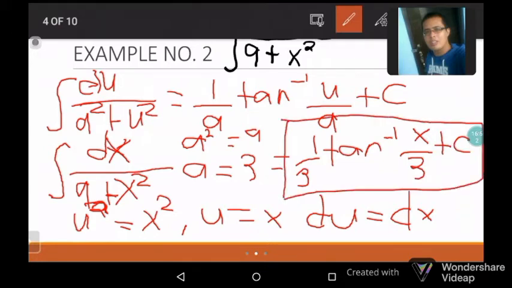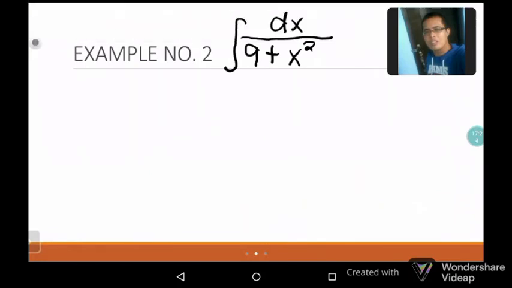Okay? So, malinaw ba? Okay. So, next. So, let's proceed. Okay. So, paano pag ganito ang example? You're asked to find the integral of dy over square root of 5 minus quantity 3y plus 2 squared.